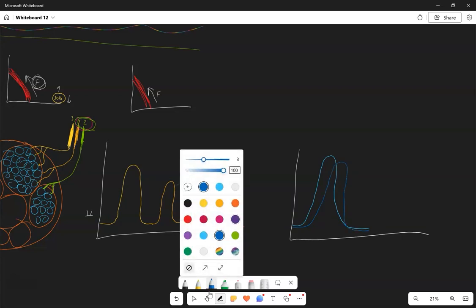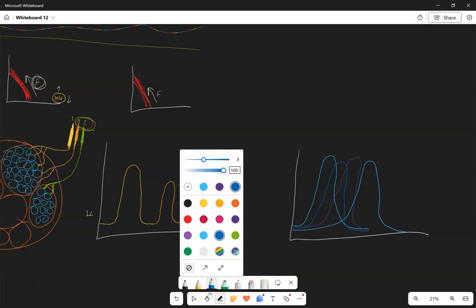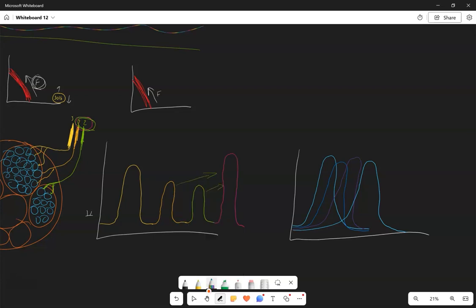And then we can get, let's say, motor unit 3, and it might fire like this. Right? And then we'll go back to motor unit 1 again, like so. And so if we graph the overall amount of force that's being generated, what we get is sort of a waving amount of force.